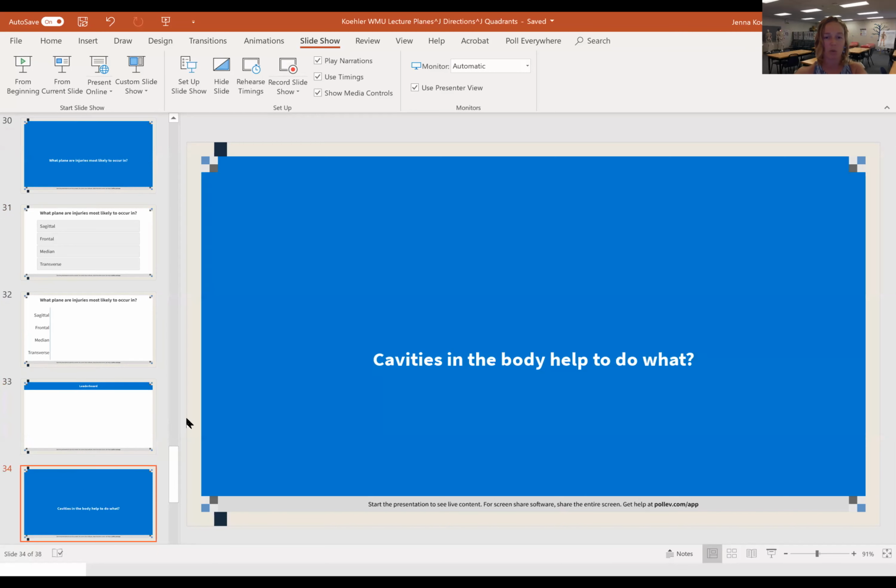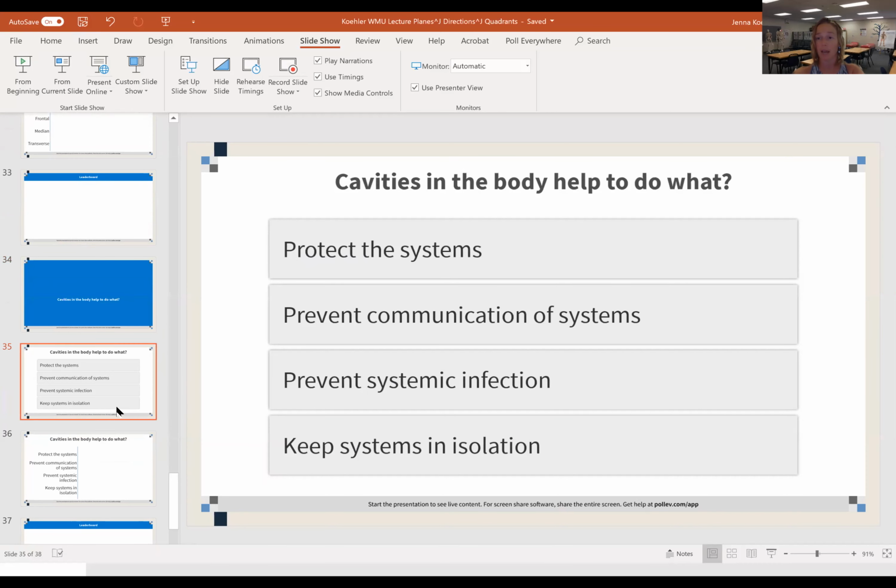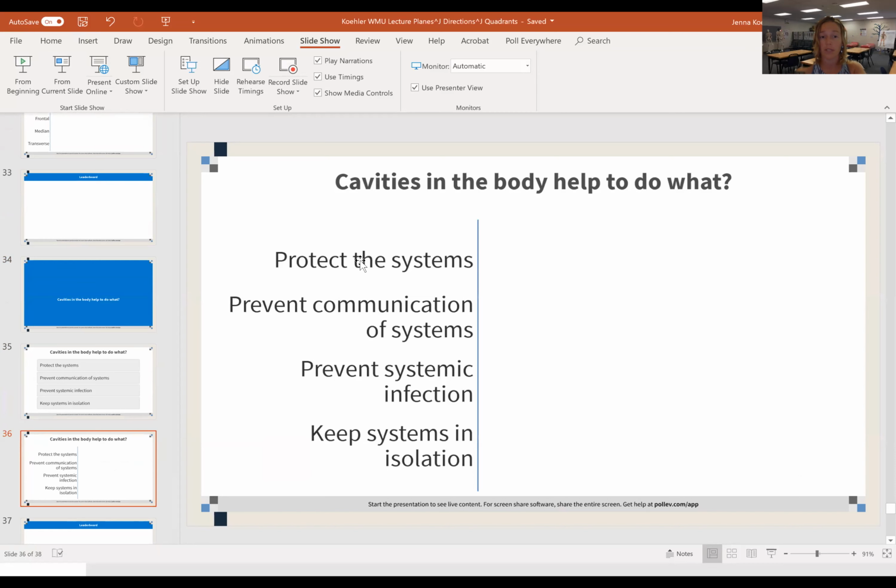And then it will show the leaderboard, and then we'll move on to: cavities in the body help to do what? These are a couple of the options, and for this one, 2 answers are correct. So hopefully they have chosen protect the systems and prevent systemic infection.